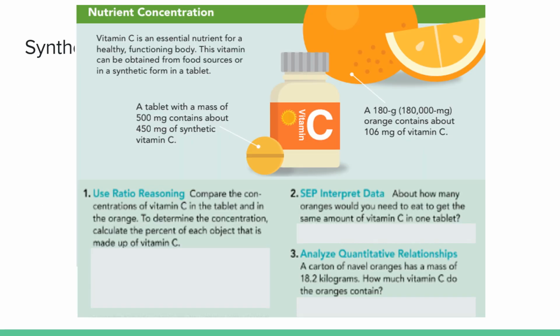All right, so our math toolbox, nutrient concentration. So vitamin C is an essential nutrient for a healthy functioning body. This vitamin can also be obtained from food sources or in a synthetic form in a tablet.